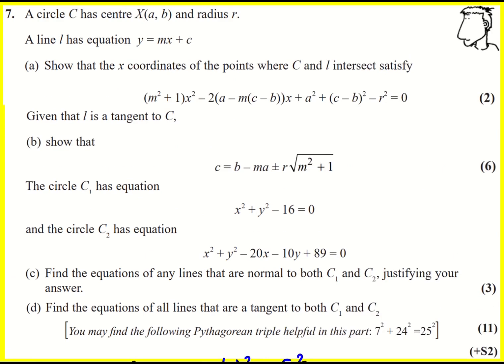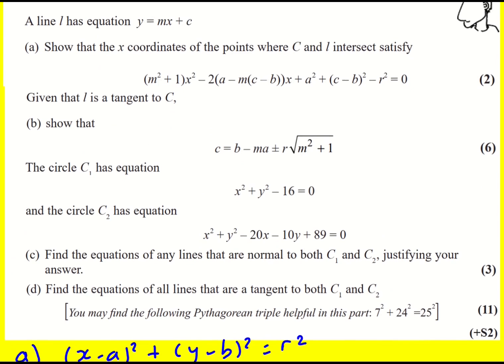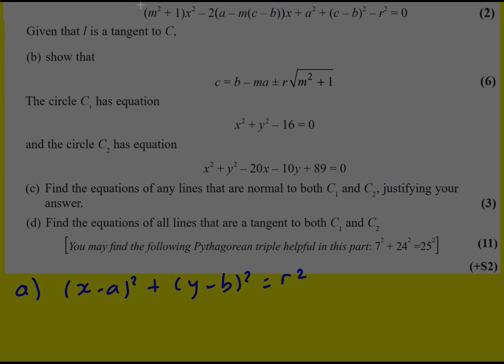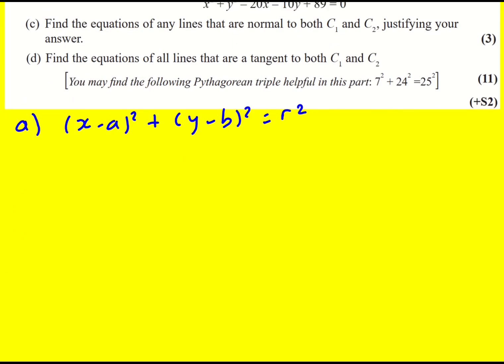And then there's also a line with equation y = mx + c. And we're asked to find where they intersect. In fact, we're asked to show that this equation is satisfied. So that's what we're aiming for.